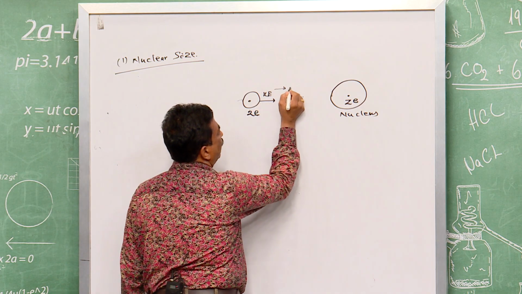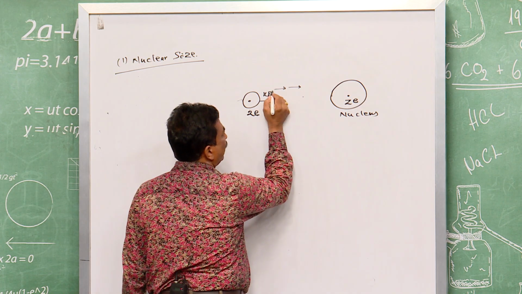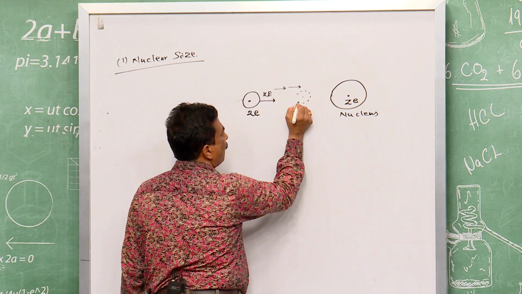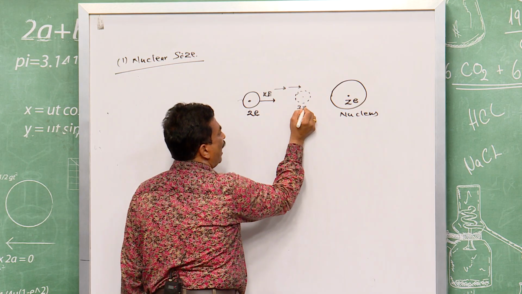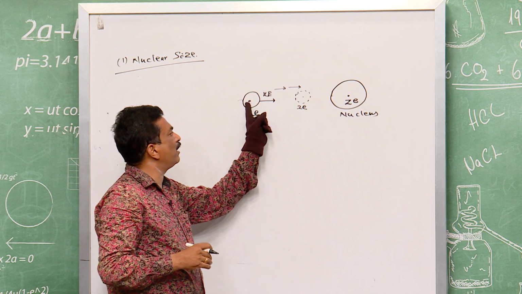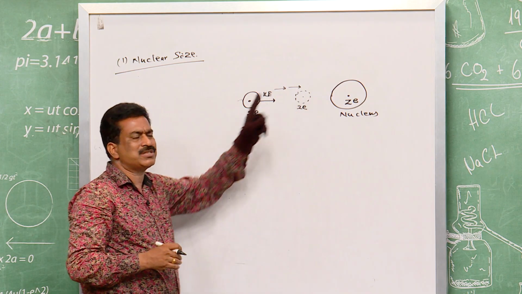That means if the alpha particle is going from left to right, suppose at this position, this is your alpha, it remains at rest here, because the kinetic energy gradually reduces, and therefore the repulsive force has its influence.